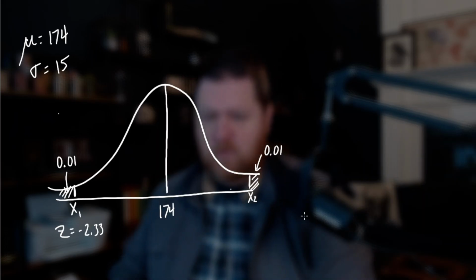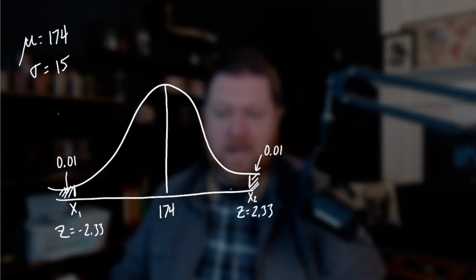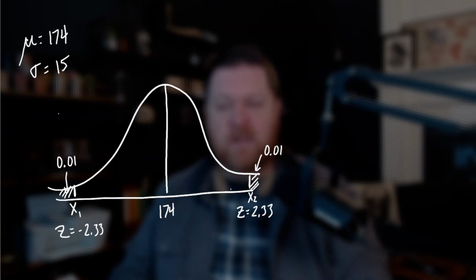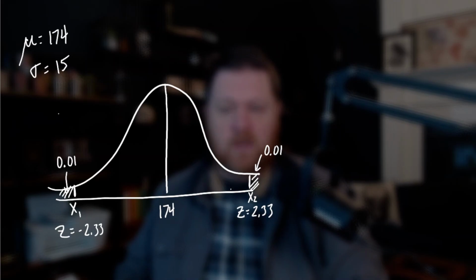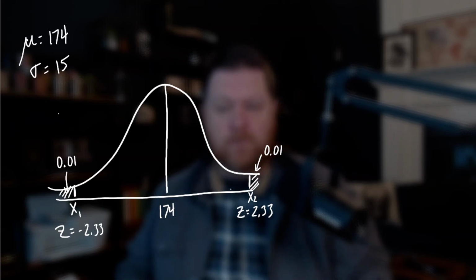Okay, so the z-score here is 2.33. Well, wait a minute. That's just the positive value of the negative 2.33. And why is that? Because the normal distribution is symmetrical, so it is the same distance away from the mean.